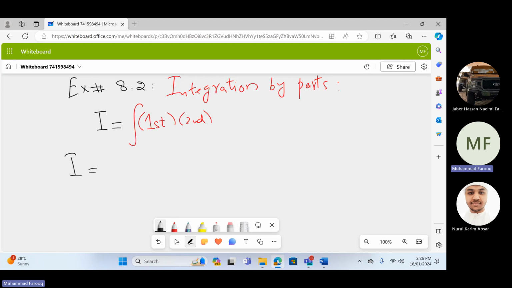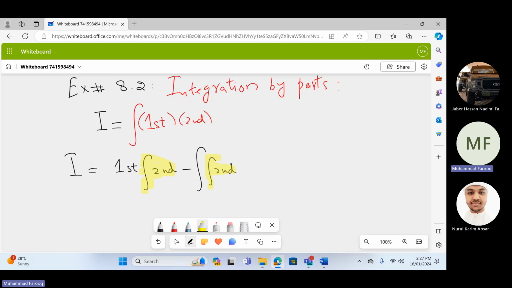The formula which I developed is something like this. First function, no change, as it is, times integration of second, then minus sign, integration, and then integration of second again. Whatever answer you get from here, just copy and paste it here; no need to find the integration again.